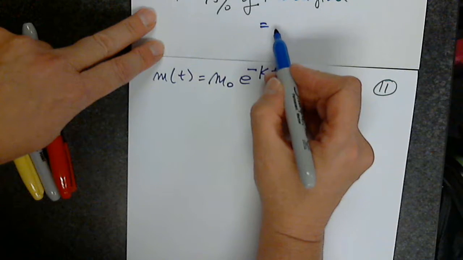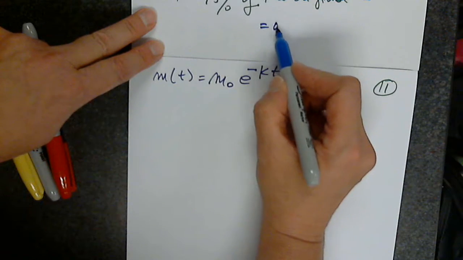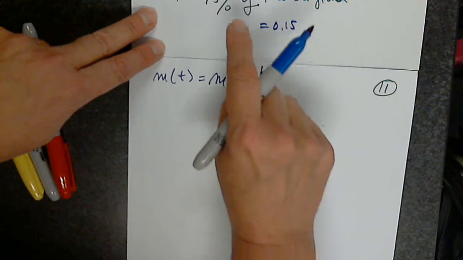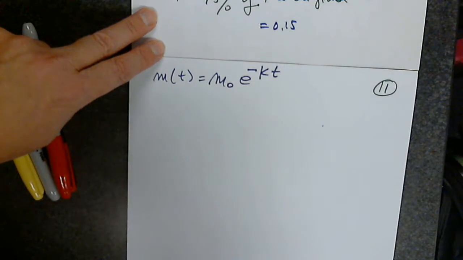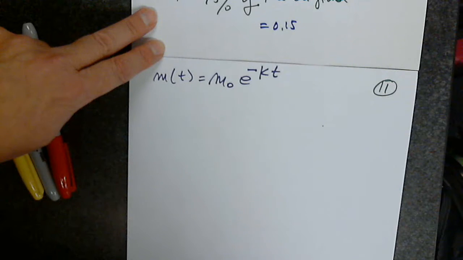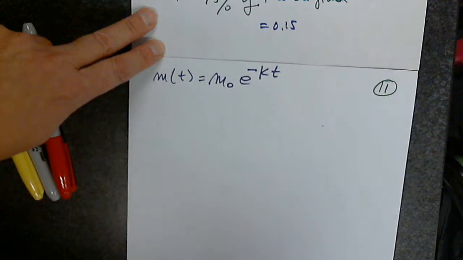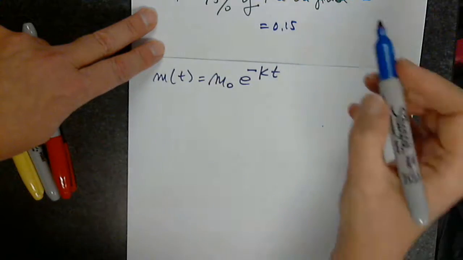Say it again. 0.15 of the original. What is the original? How do we call the original? No, not T. Not K. Which one? Which is the original? What is the notation for the original? Exactly.